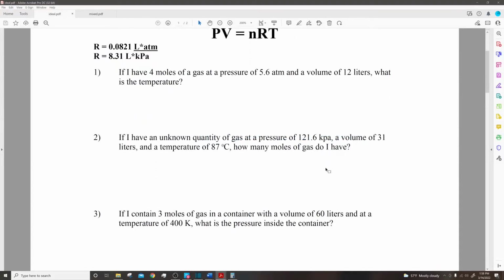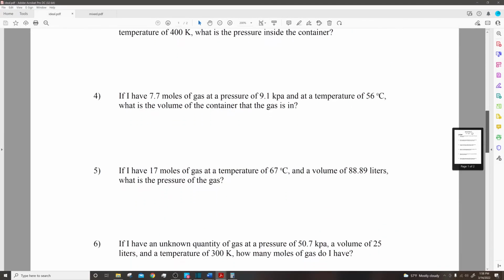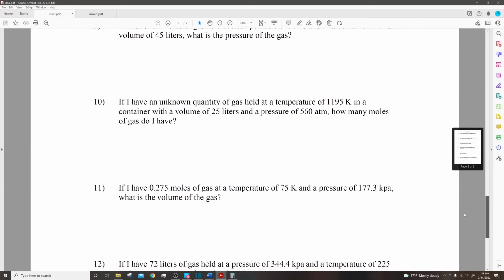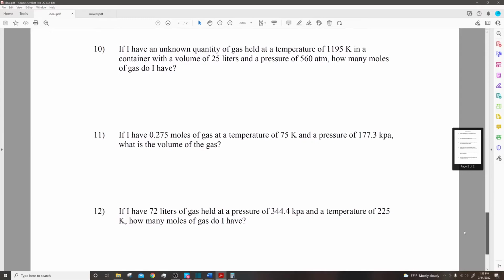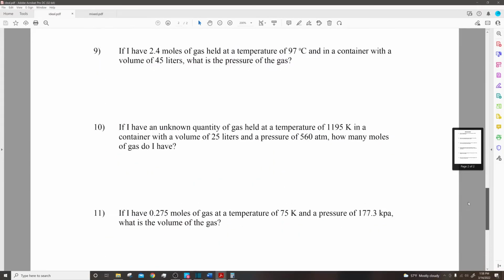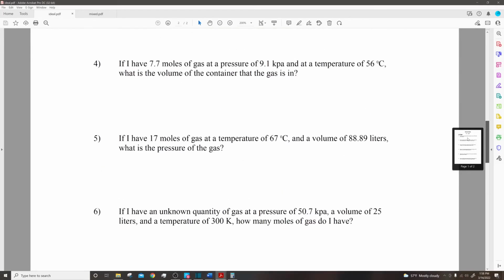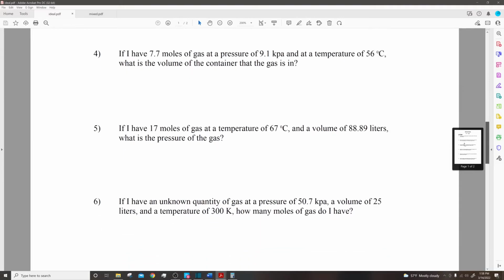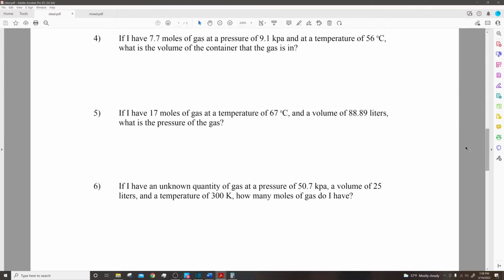So let's do one that requires a little bit more conversions. All right, let's go ahead and solve number 5.